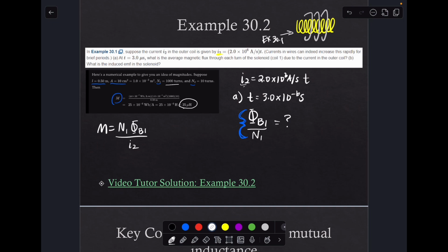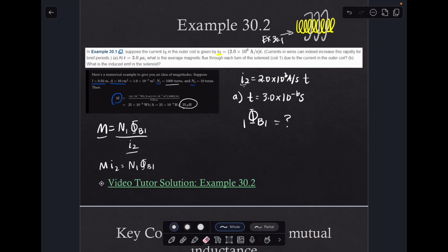Oh, you know what? I think I divided it, but if I'm interpreting, I believe we need this value. Is this the average through each turn? Because what I'm seeing here is we have this number. So multiplying M and I2 will give me N1 phi B1. Oh no, we do.